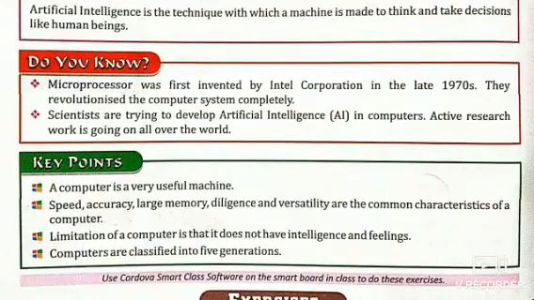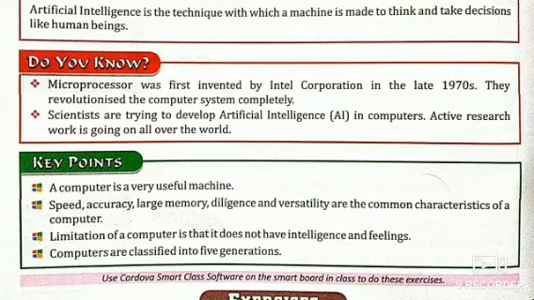Do you know, the microprocessor was first invented by Intel Corporation in the late 1970s. They revolutionized the computer system completely. After the invention of the microprocessor, the computer industry saw various changes.